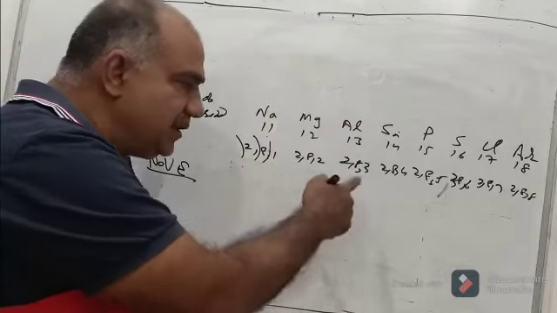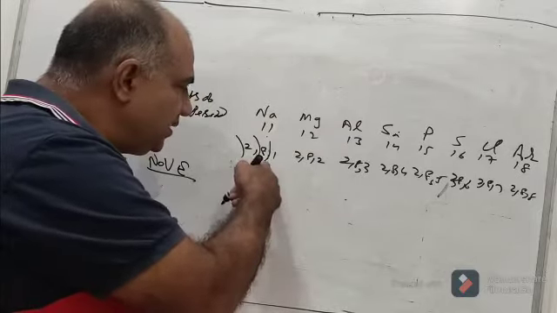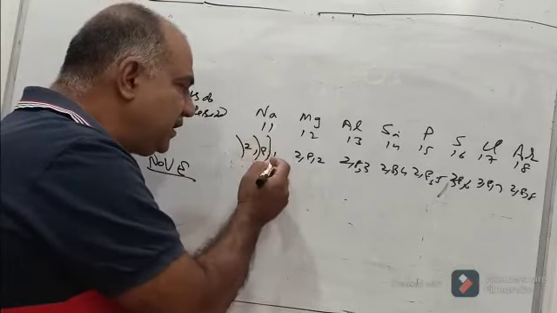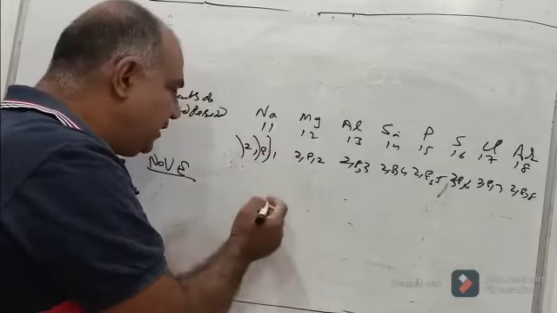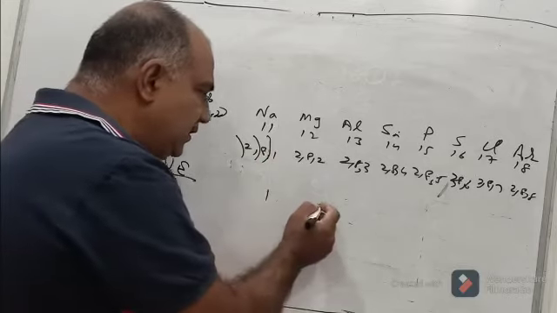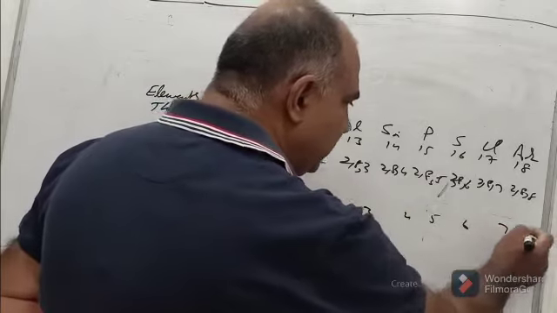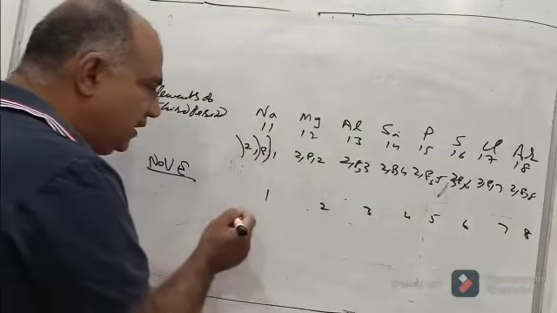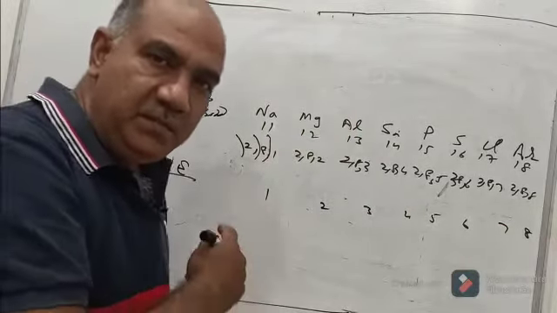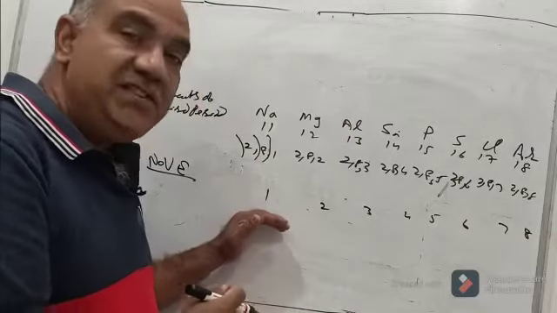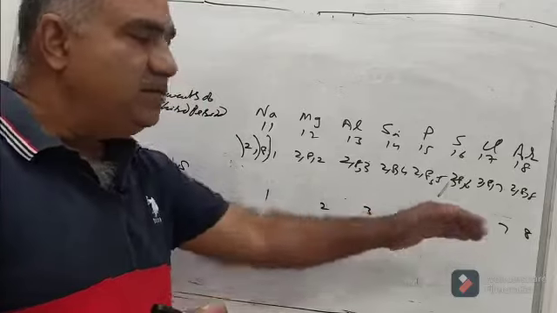Here third being last, so this is the third orbit, is the valence orbit or valence shell, and the electrons that are present are called valence electrons. So undoubtedly valence electron is 1 in this, 2, 3, 4, 5, 6, 7 and 8. So we can say if you move across a period from left to right, valence electrons are consecutively increasing from 1 to 8.